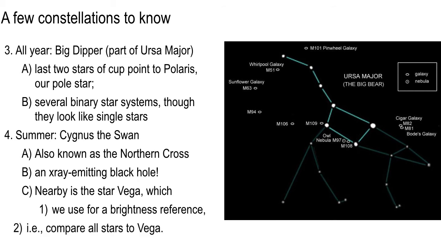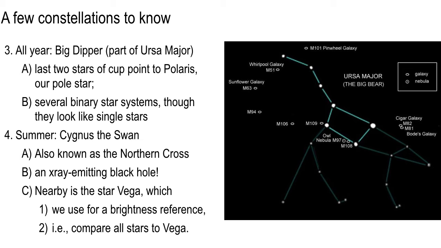We actually use Vega as a hard reference point for our stellar brightness rating scheme. The Greeks invented it, and we've now put Vega at the very center of our magnitude scheme for rating the brightness of stars. So it's a pretty important one, and it's up in the summer.